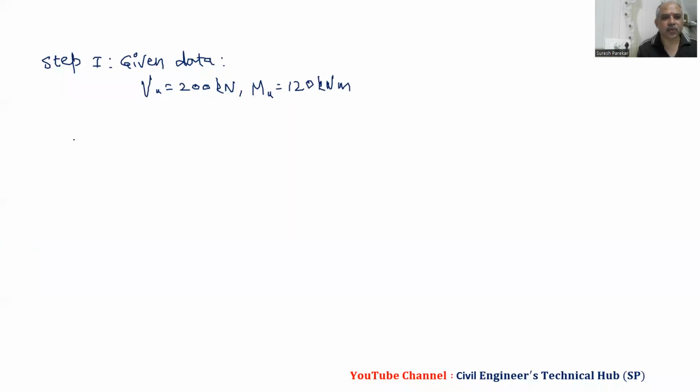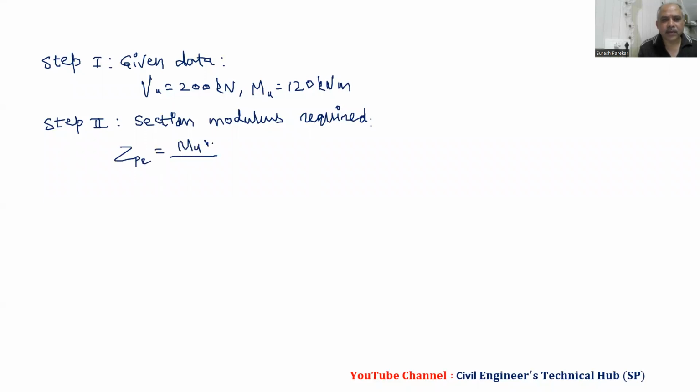Then we have step 2, section modulus required. ZP required equals MU into gamma m0 upon Fy.